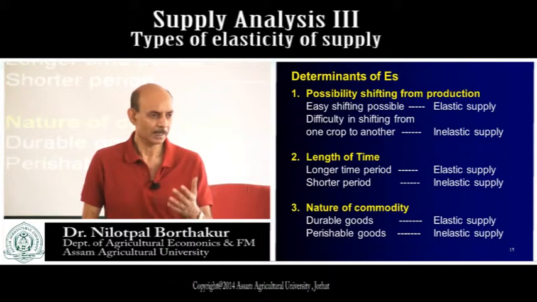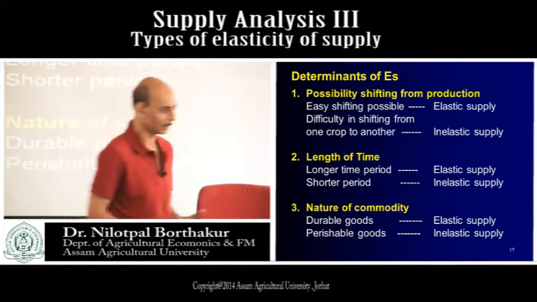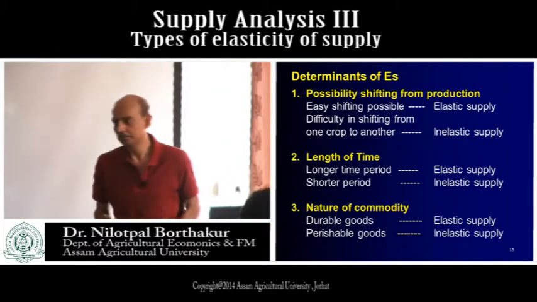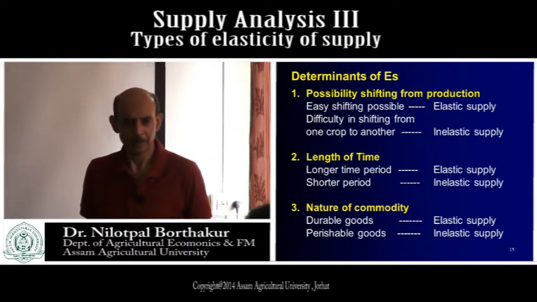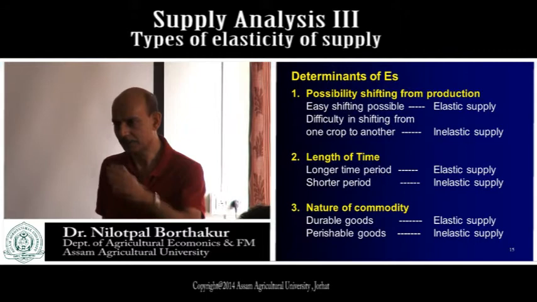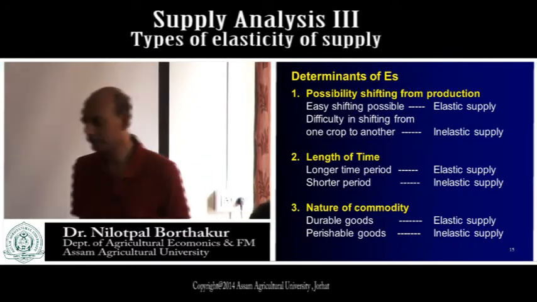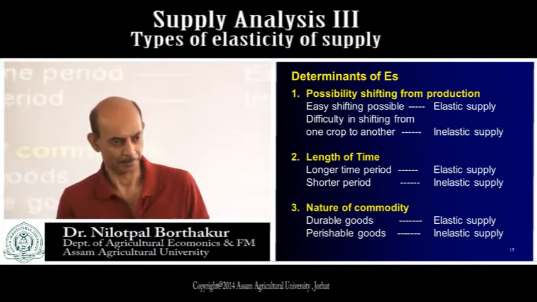Now, in case of certain production processes, even if price goes up, production cannot be increased suddenly. And in certain situations, if price comes down, production cannot be curtailed immediately.